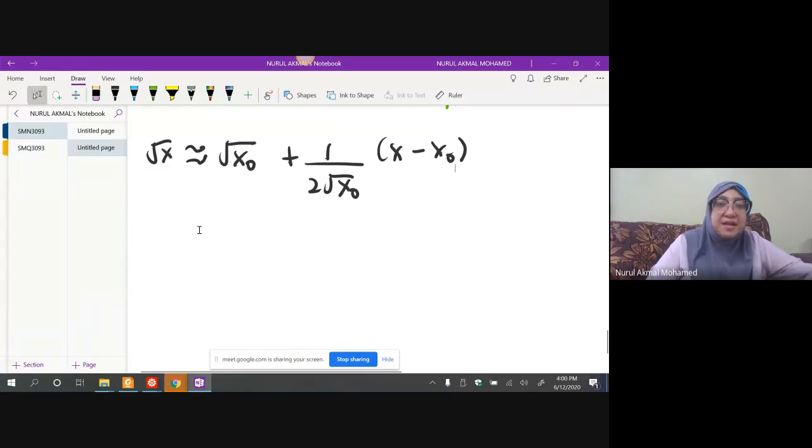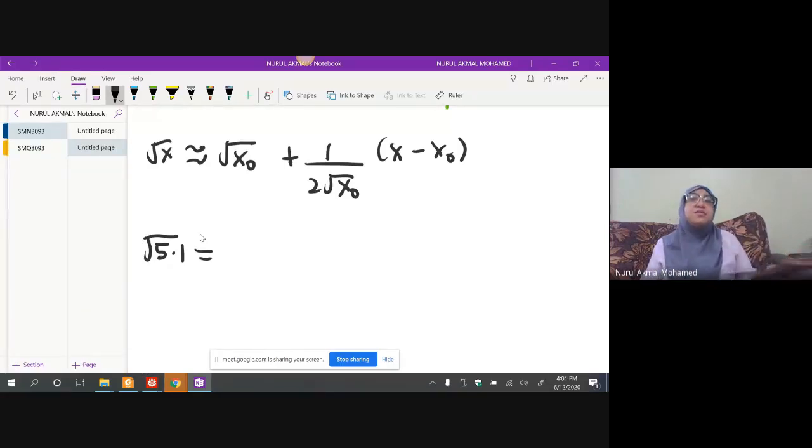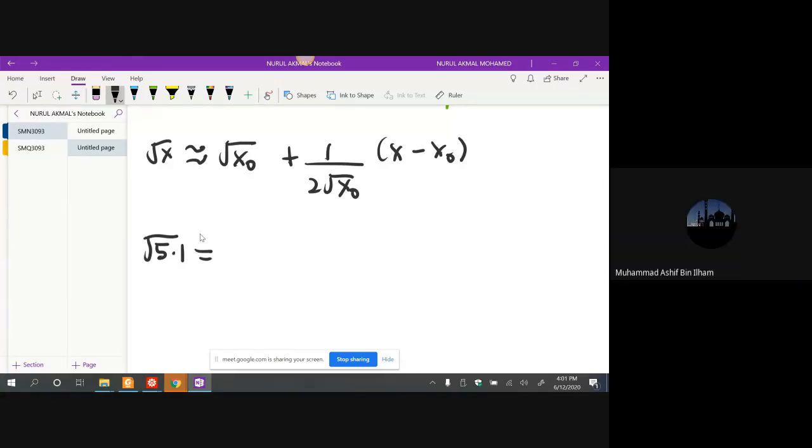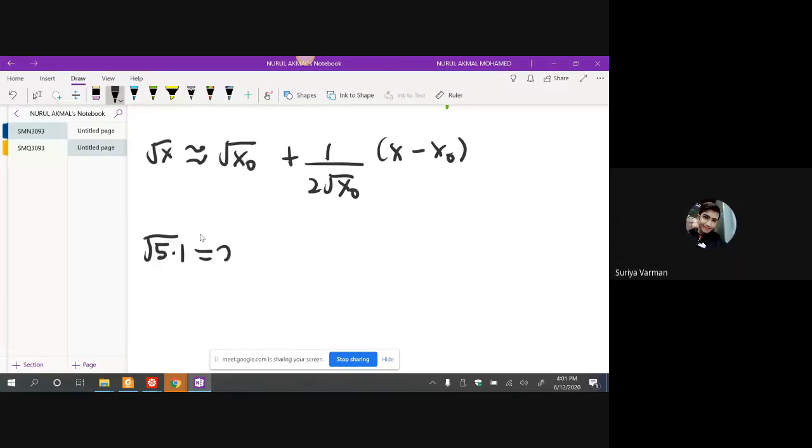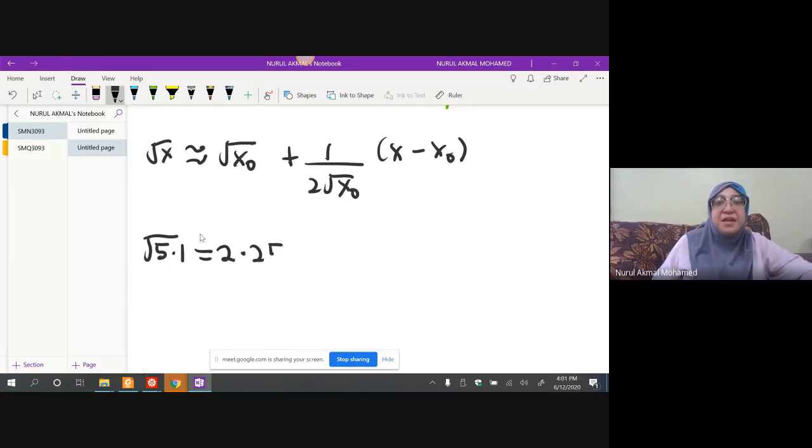So before that, can you please press your calculator and find the square root of 5.1? What is the value of this by using your calculator? You will get 2.258.